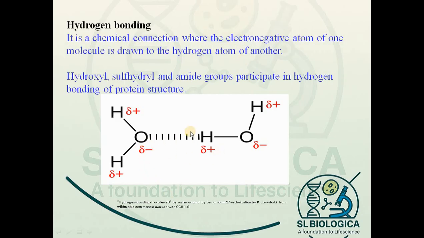Here you can see hydrogen bonding between two water molecules, where the electronegative oxygen atom interacts with the hydrogen atom of another water molecule. Hydroxyl, sulfhydryl and amide groups participate in hydrogen bonding in protein structure.